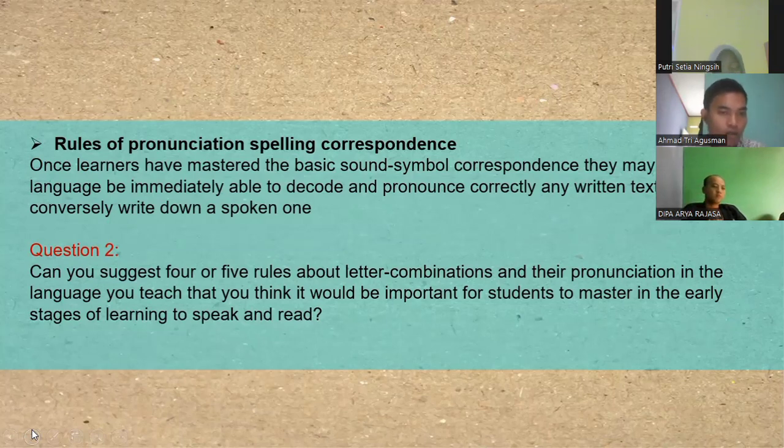And question number two, can you suggest four or five rules about letter combinations and their pronunciation in the language you teach that you think it would be important for learners to master in the early stages of learning to speak and read?